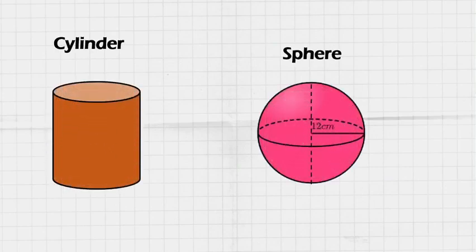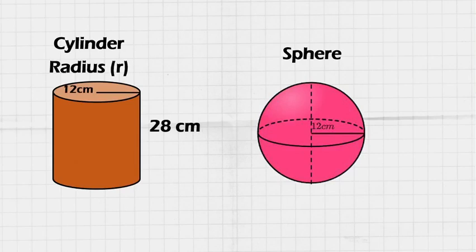I have here cylinder and sphere. The radius of the cylinder is equal to 12 cm and the height is equal to 28 cm. Same with the sphere, the radius is equal to 12 cm and the length of the diameter is equal to 28 centimeters.